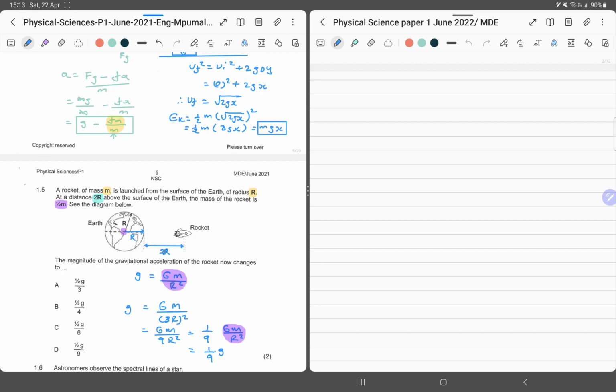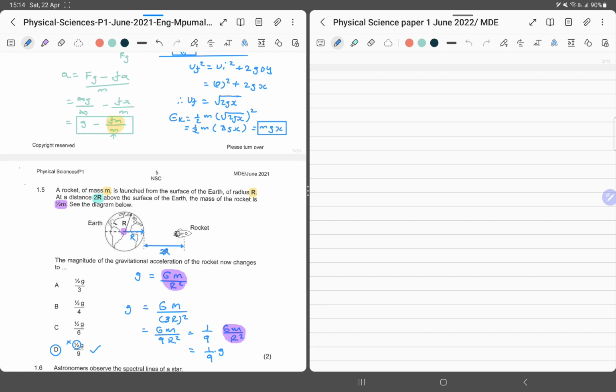This means g can be on the numerator. So which one looks like that? It is essentially this one, but they made a mistake here. The half doesn't play a part in this, but this is the best answer, because these are calculation-based considerations. If you don't perform a particular calculation, it can throw you off.